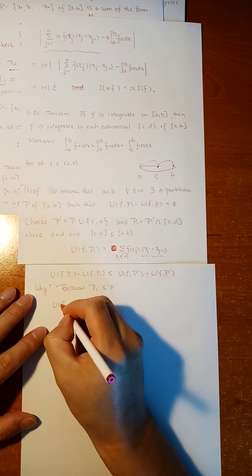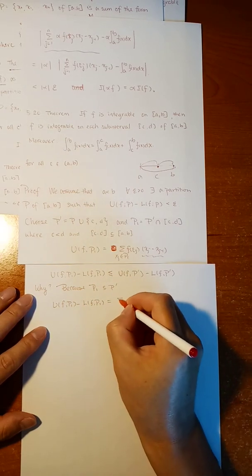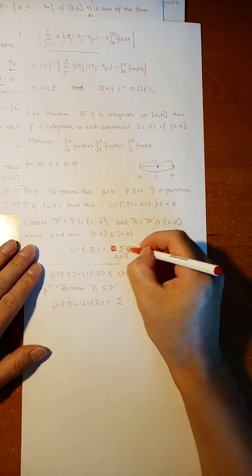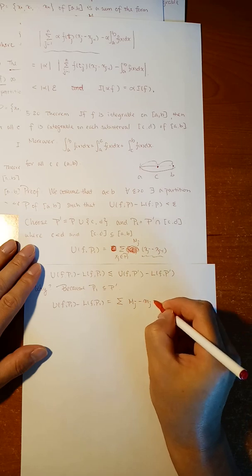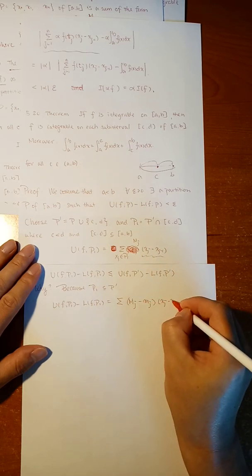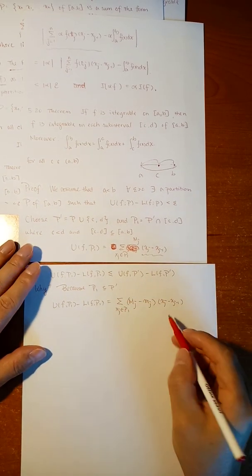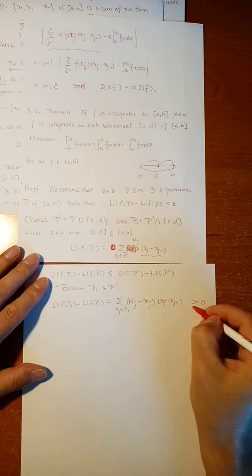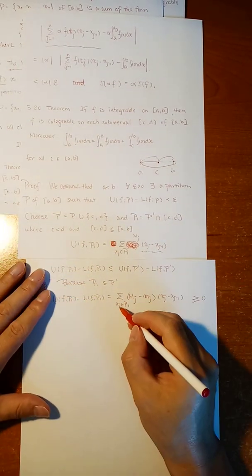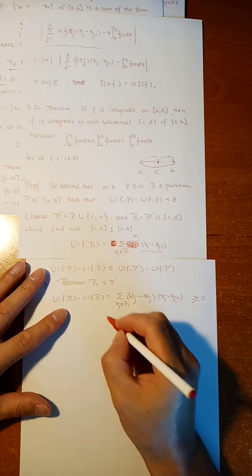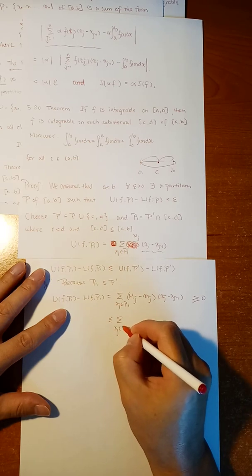So this U(f,P1) minus L(f,P1) is equal to the sum of (M_j minus m_j) times (x_j minus x_{j-1}), where x_j belong to P1. And all the terms are greater than or equal to 0. But if we choose x_j from an even larger set, it is less than or equal to the same sum over x_j belonging to P prime.